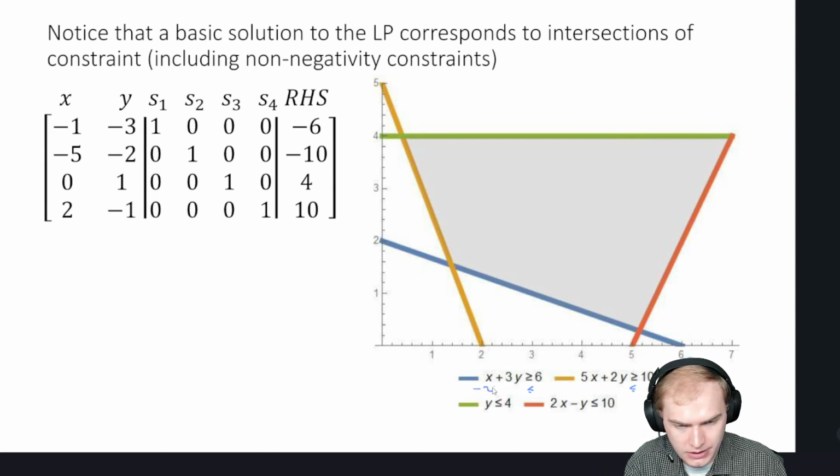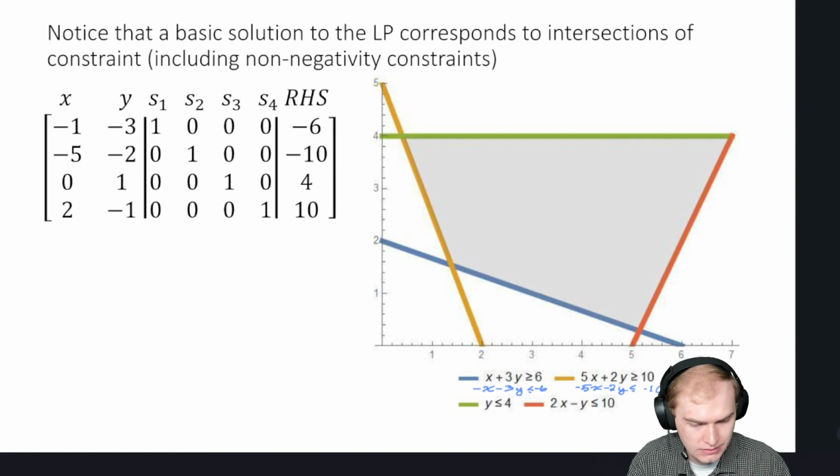So I multiplied by -1. Minus 2y minus 10 for all of these.